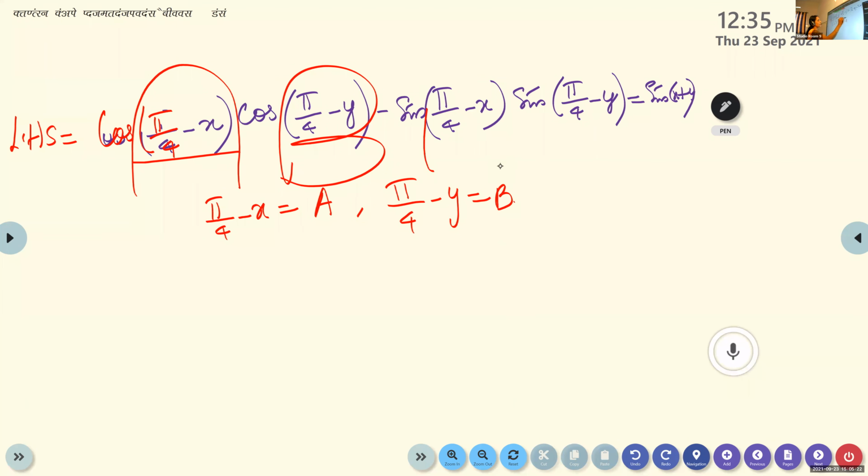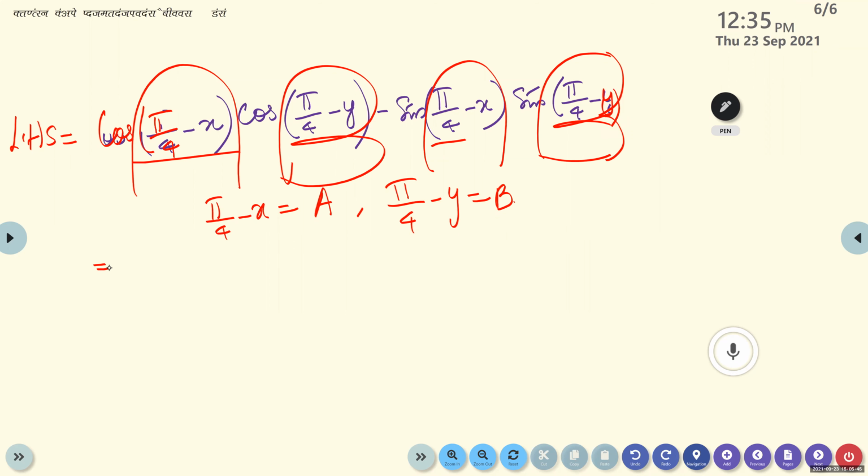In which form do you have the formula here? If you put pi by 4 minus x as a and pi by 4 minus y as b, it takes the form cos a cos b minus sin a sin b.